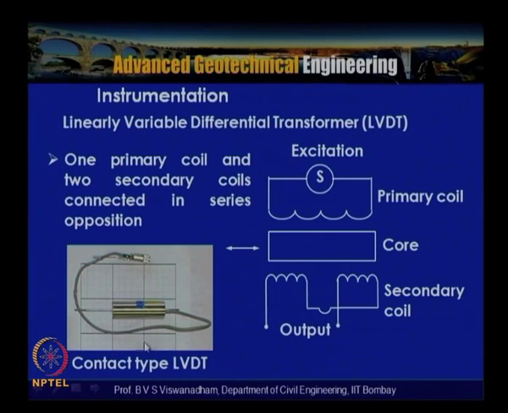So this is a contact type LVDT, and the important requirement is calibration. All the transducers which are placed in the model are required to be calibrated. The LVDTs are calibrated by subjecting them to different displacements like 0, 5 mm, 10 mm, 15 mm, and for each displacement you measure the voltage.